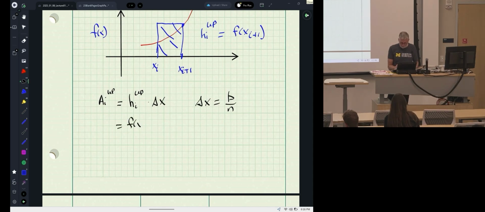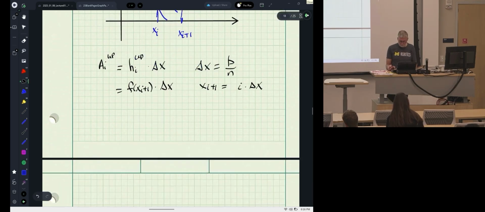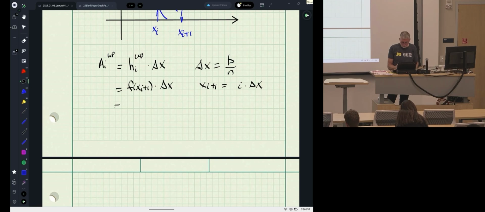So this is f of x sub i plus 1 times delta x, and x sub i plus 1 is equal to i plus 1 times delta x. Because we are doing a line, f of x equals x, this is just x sub i plus 1 times delta x.